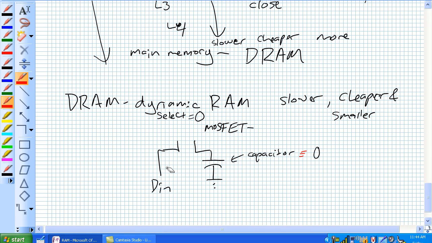So the disadvantage of DRAM here, and the reason why it's slower, is it requires a little bit more complex circuitry because a capacitor can leak. You know, basically a little leakage current there. And if you let it go long enough, all that charge is just going to bleed out of it. So that's why you need some refresh circuitry, which is like periodically topping off that capacitor. The analogy I use, it's a leaky bucket.